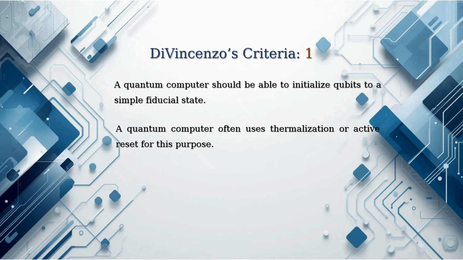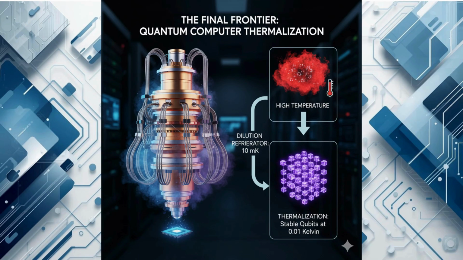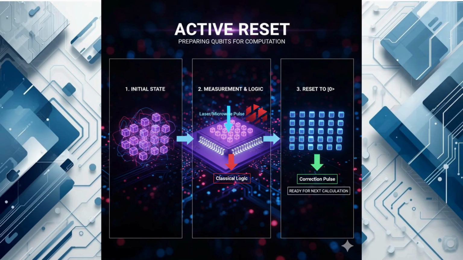A quantum computer often uses thermalization or active reset for this purpose. In the thermalization process, we let the qubits wait for a long time so that they decay to the ground state or Ket0 state. In active reset, we apply a pulse to reset a qubit to the ground state.